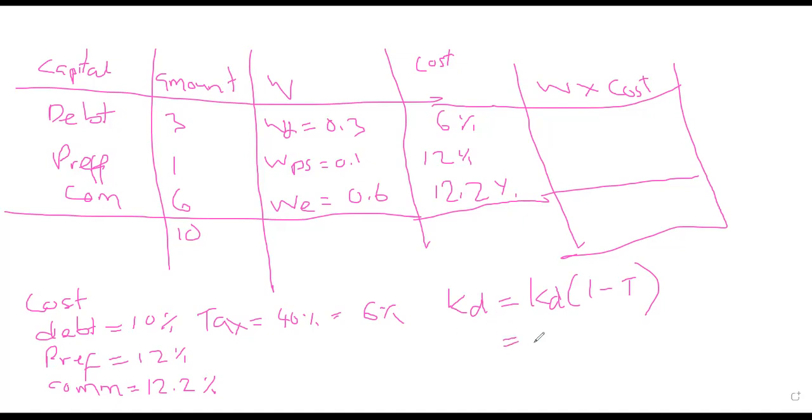So the cost of debt is 10%. And the tax we've been given is 40%. So it's 1 minus 0.4. So 10% times 0.6 is what? 6%. So this 0.3 times 6% is 1.8%.